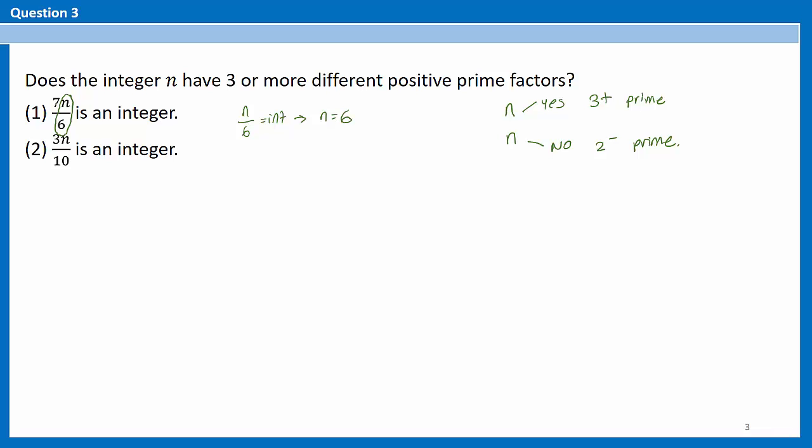Okay, and 7 times 6 over 6 is an integer because 6 cancels out with the 6 in the denominator.